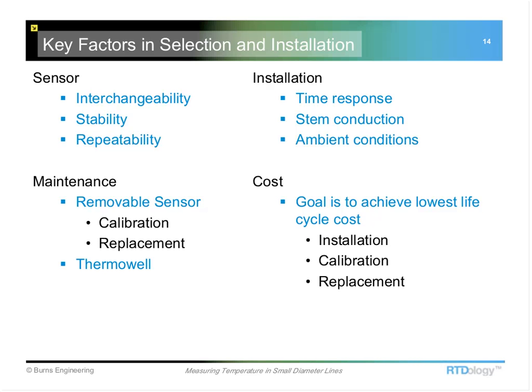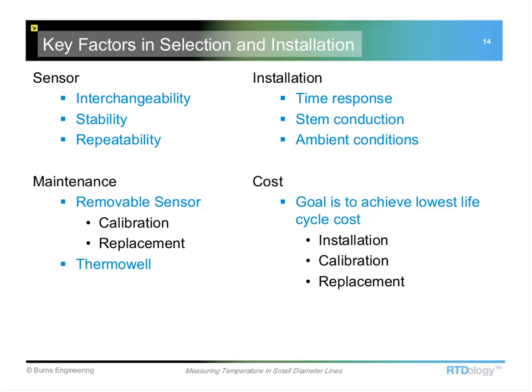Now, some of the larger error sources are actually associated with the installation. And of those, I just pulled out a couple of the ones that I run into as some of the larger ones: time response, and then stem conduction, which comes about due to insufficient immersion length or improperly designed piping system, or maybe a misapplied sensor type. Then also we'll show how the ambient conditions can play an effect on the accuracy of your measurement.